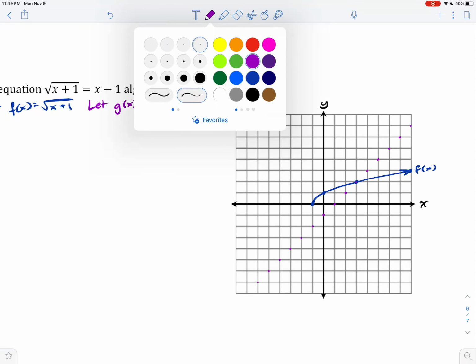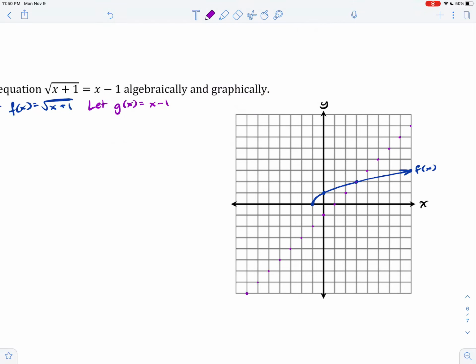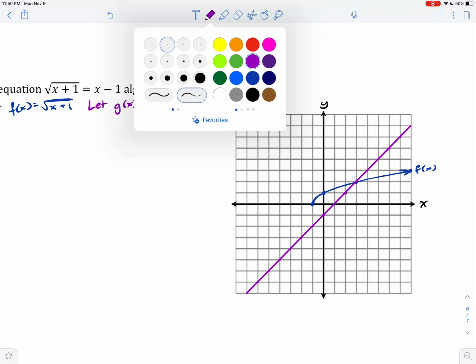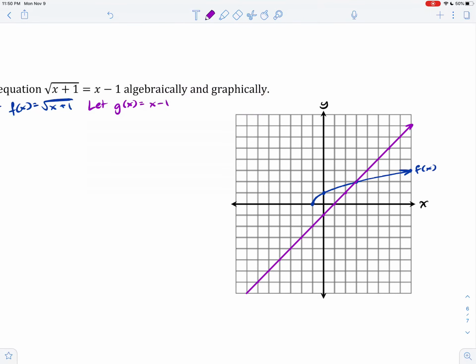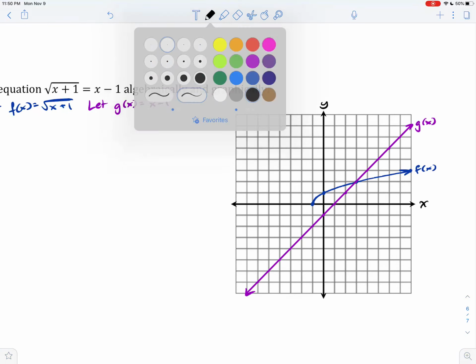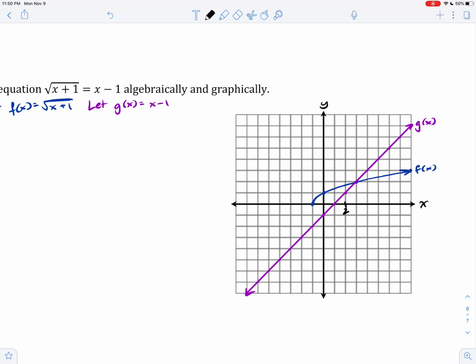Let me just pull out my handy ruler here and graph that. Whoa, good thing I had the ruler with me. That was close. And this does, of course, go on forever in both directions. While I'm here, I might as well label my scale.